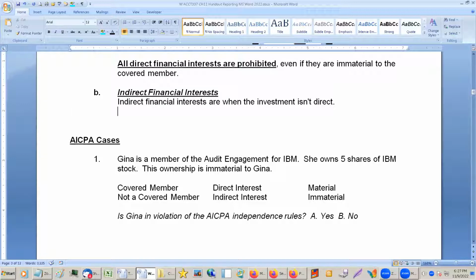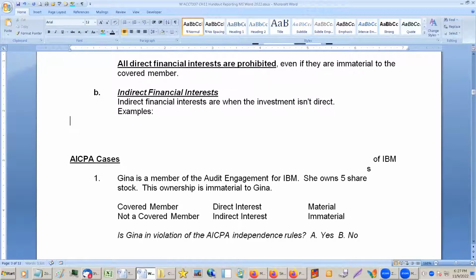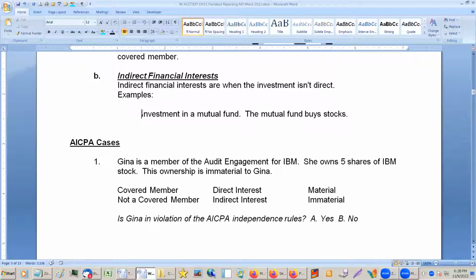Say you make an investment in a mutual fund.